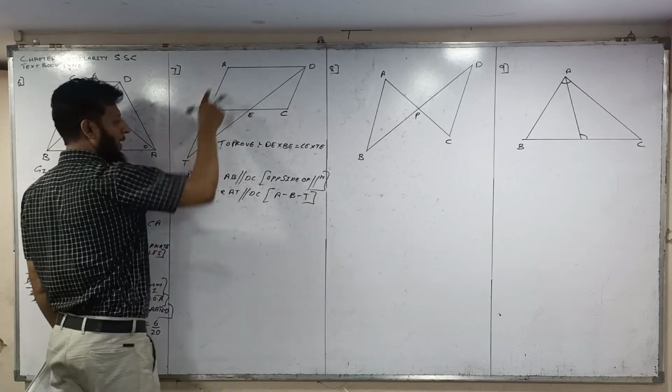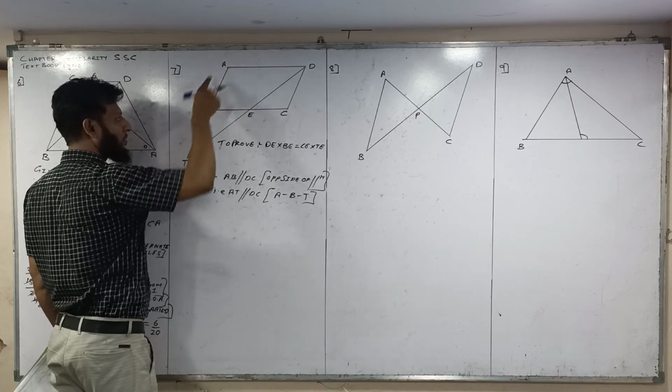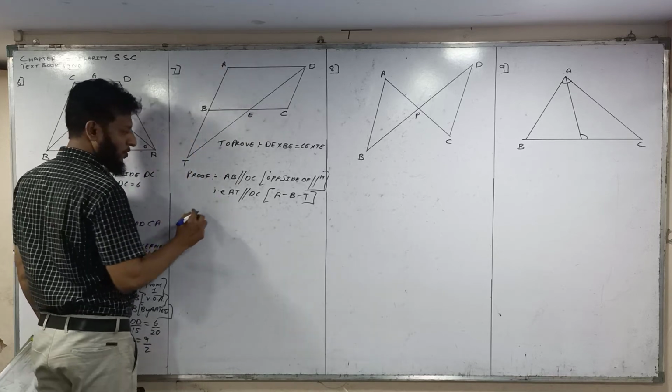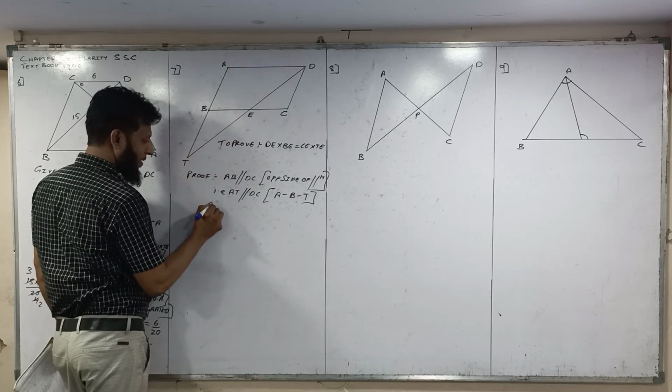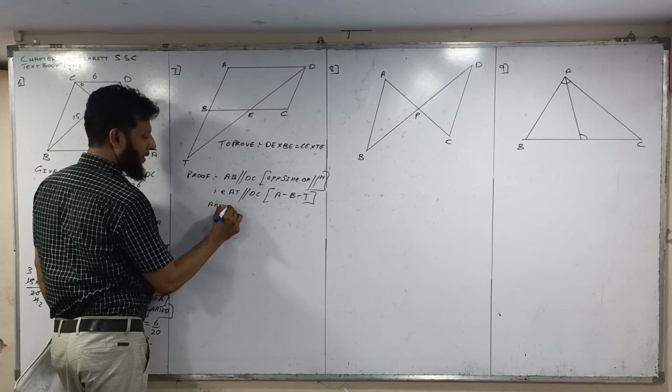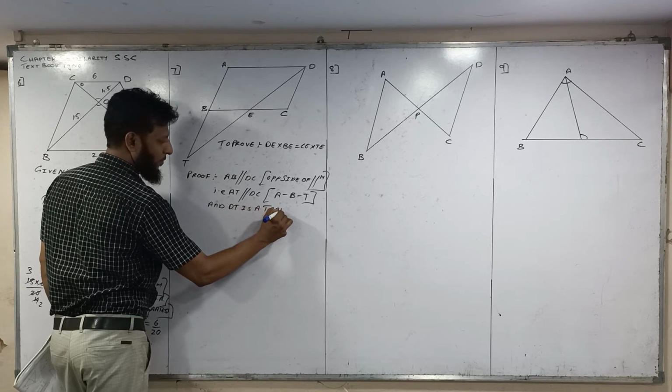Now AT is parallel to DC and DT is a transversal.